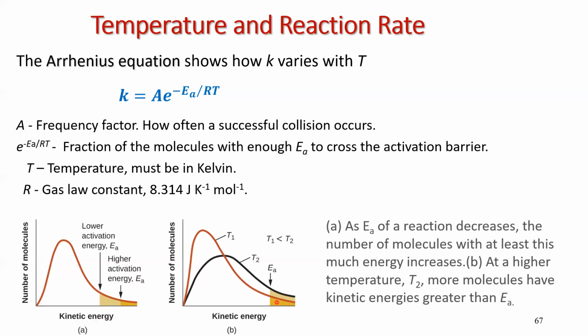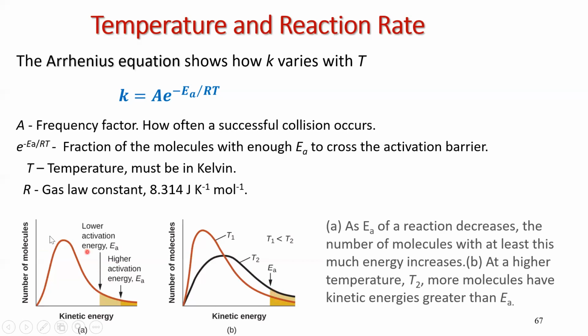But if we increase the temperature, we see a distribution of kinetic energies that looks like this black curve here, where the distribution is spread out a little bit more. So at a higher temperature, we have more molecules that can overcome that activation energy and actually carry out a reaction.